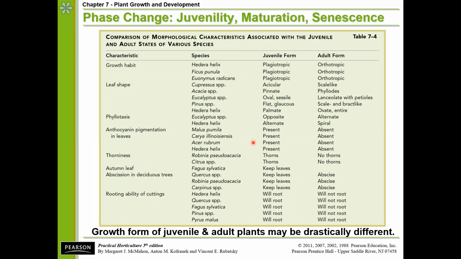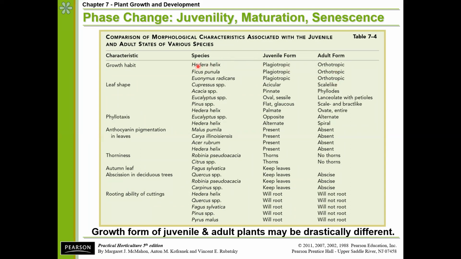Just to point out, there are a couple of words on here you might wonder about. For these vining plants, plagiotropic means it's growing along the ground, and orthotropic means it's able to start growing up something.